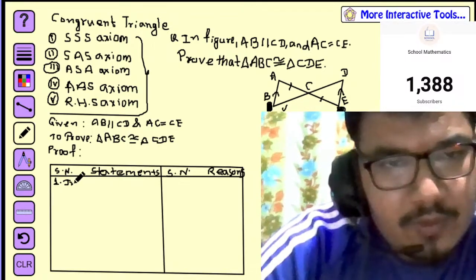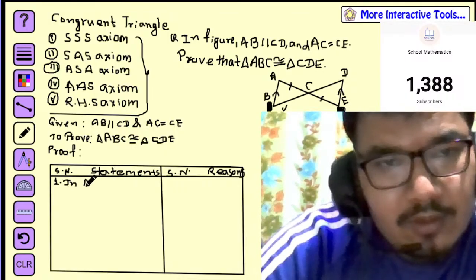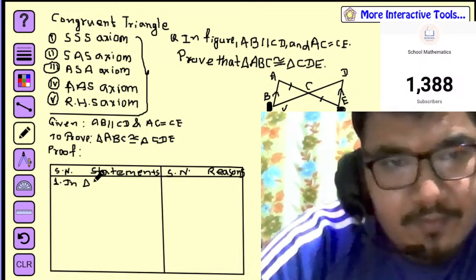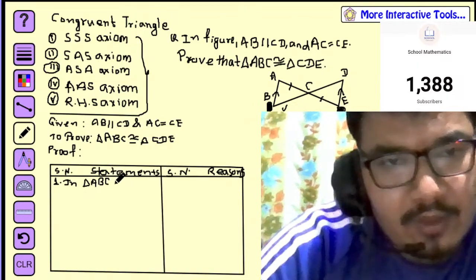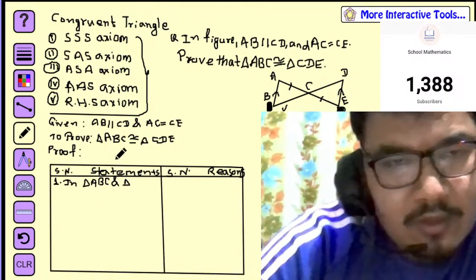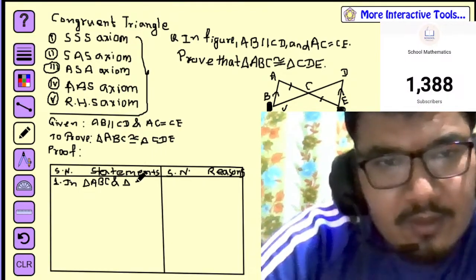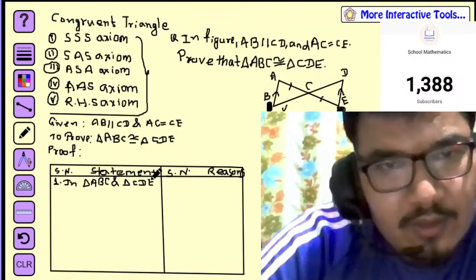Which triangles are we going to show? Triangle ABC and triangle CDE.